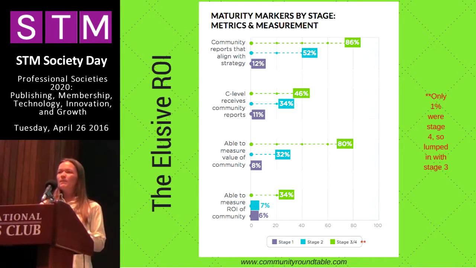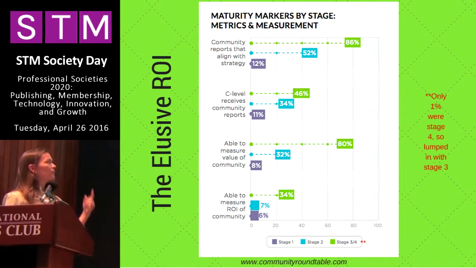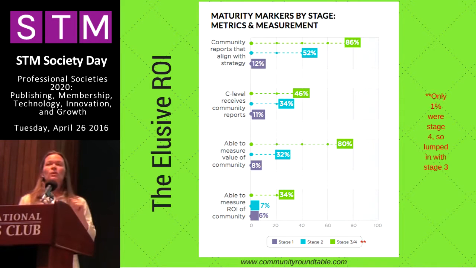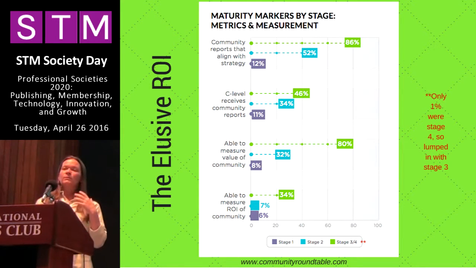And if things aren't happening the way you want, what actions are being taken to change behavior? And you can see, again, through this survey that was done, the very last piece, being able to measure an ROI for community, is still, even from the most evolved groups, very low. So as we learn more, as we think about ways to move into a more mature state, this is a place of innovation.